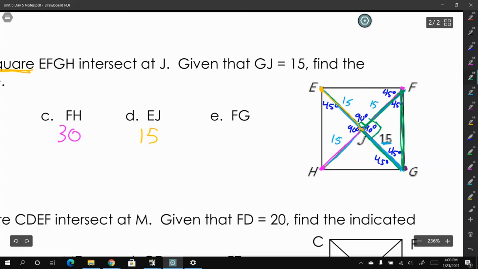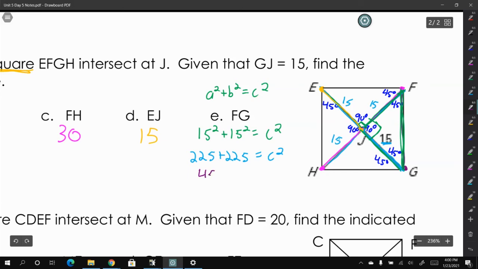we have a right angle, so we could use Pythagorean theorem, where our two legs are both 15, and 15 squared is 225. So 225 plus 225 equals c squared.